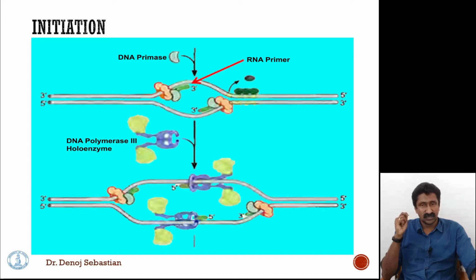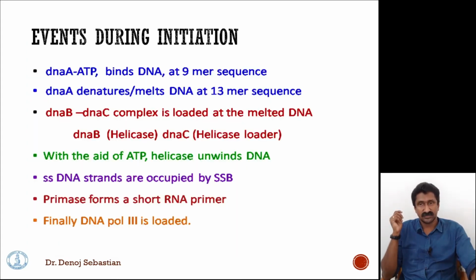So in the replication system, the two replication forks move in both directions, and will finally meet at the termination site. So the replisome, which contains the DNA polymerase 3, helicase and primase, the formation of this replisome complex is the initiation step of the prokaryotic replication.